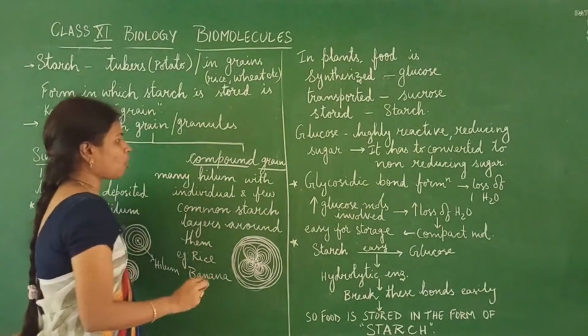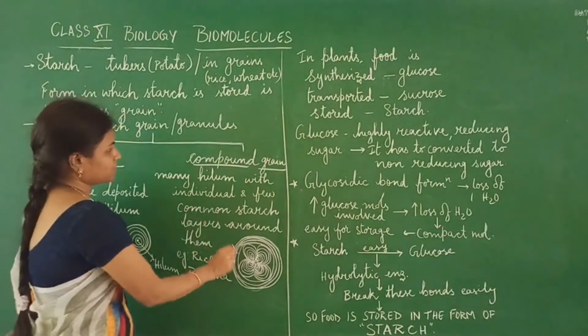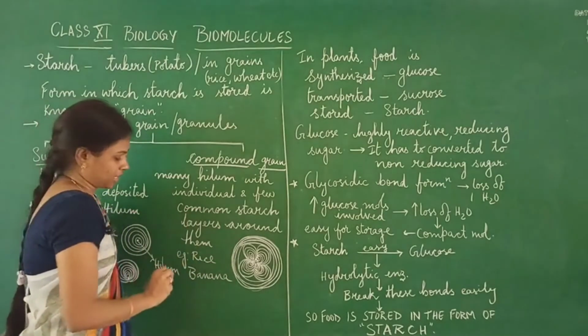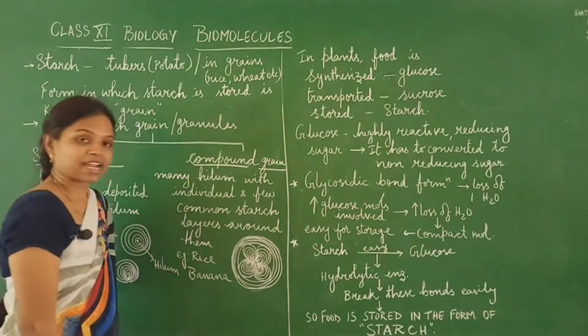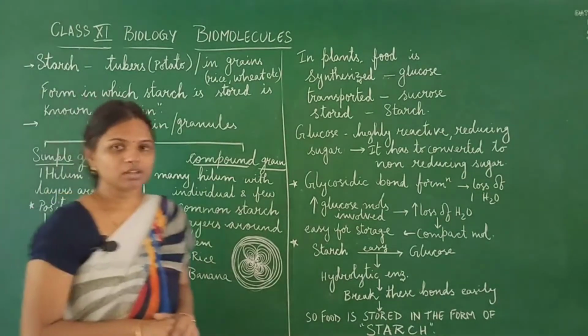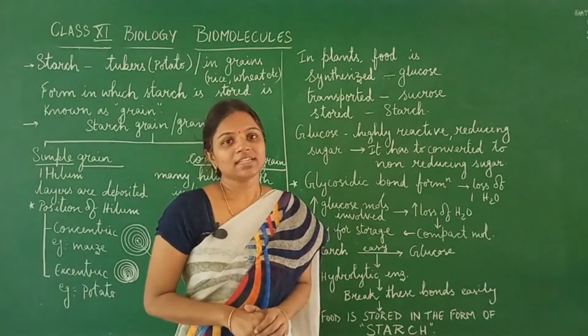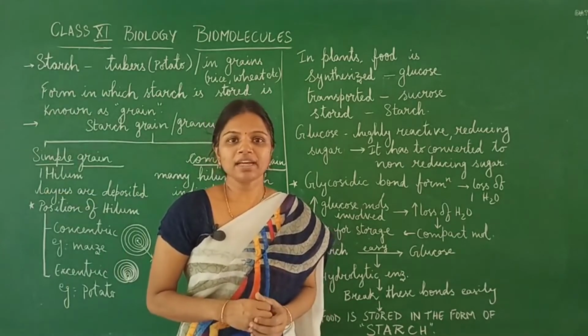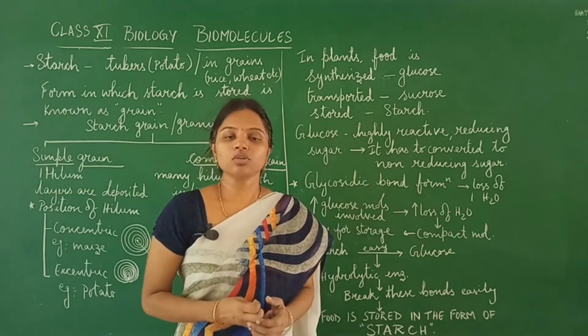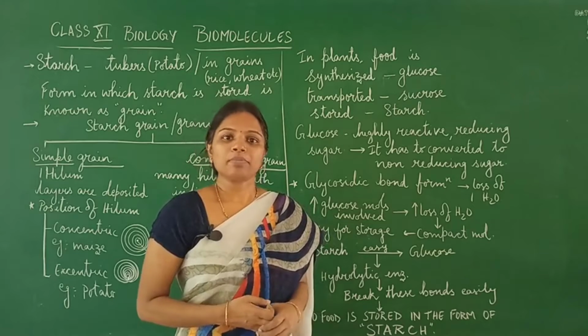So such type of grains are called compound grains, and they are seen in case of rice and banana.